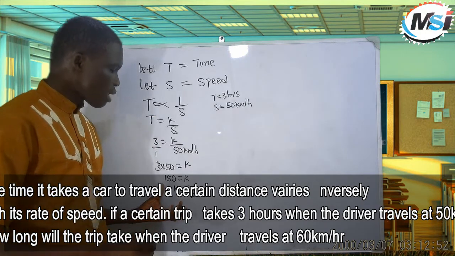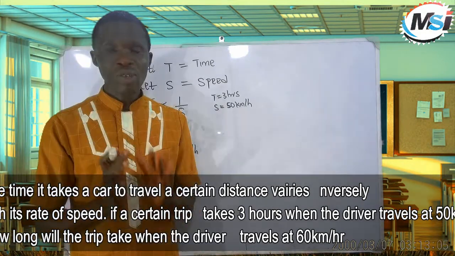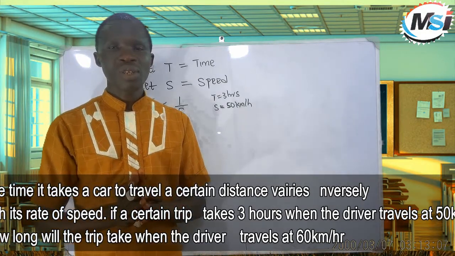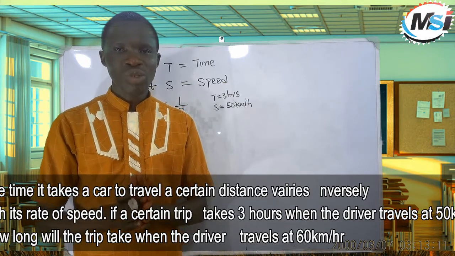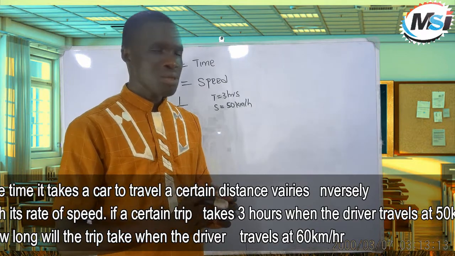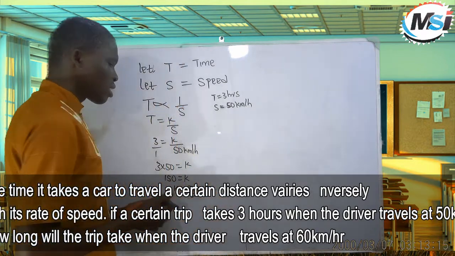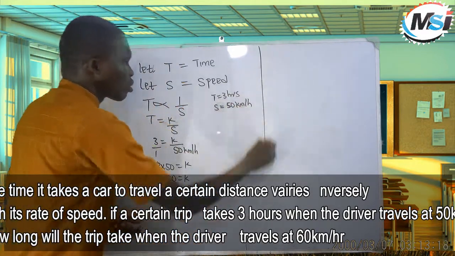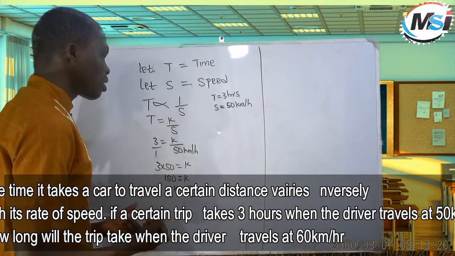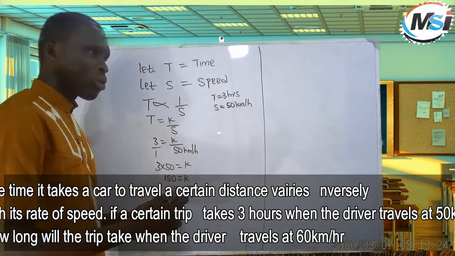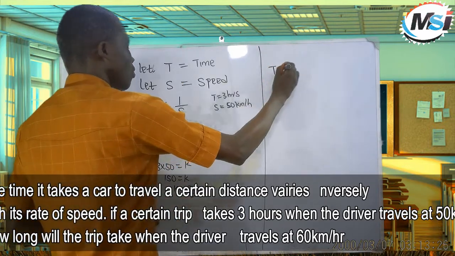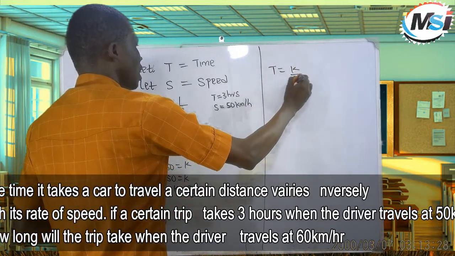Now the last part of this question is, how long will the trip take when the driver travels at 60 km/h? 60 km/h. So what we are looking for now is t. How long? You need to understand that word. How long? So t will give us k all over s.